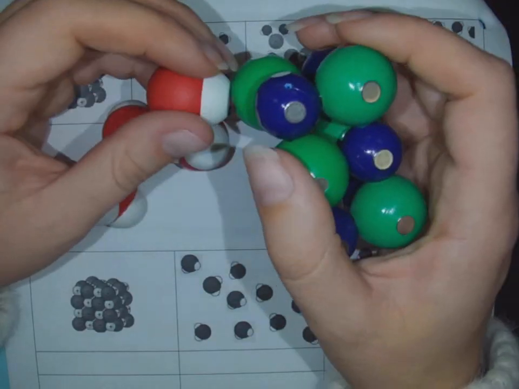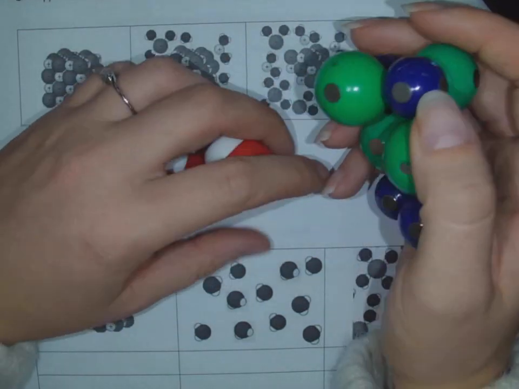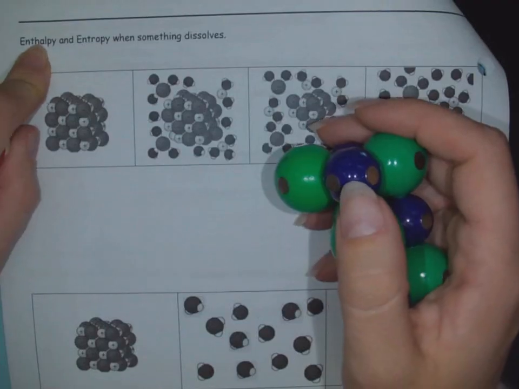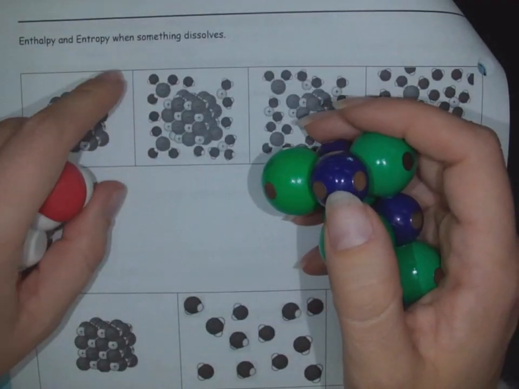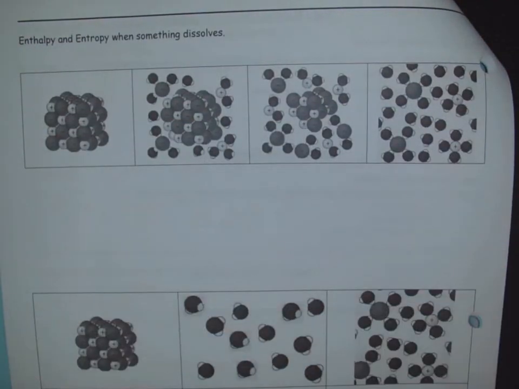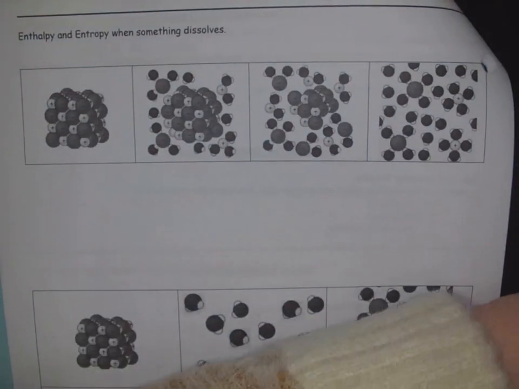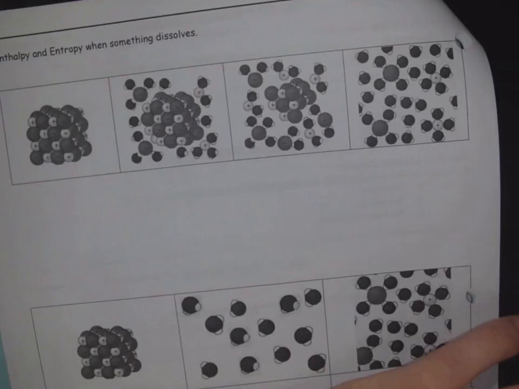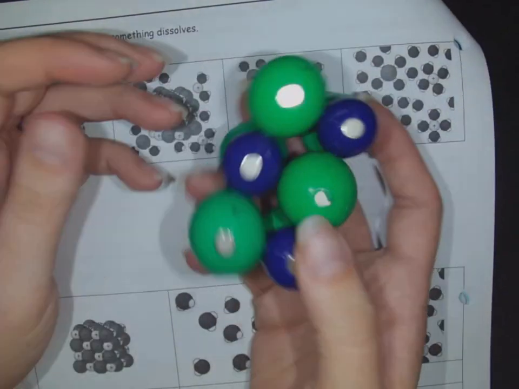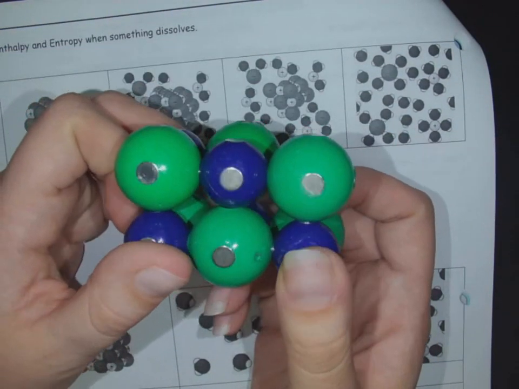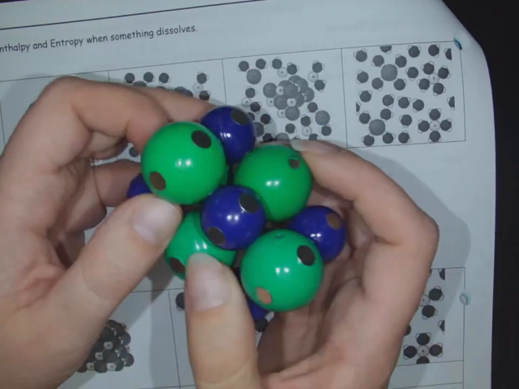Okay? Now, in addition to delta H, enthalpy, we've also been talking about entropy, the measure of chaos. So what if we go from an ionic solid to dissolved in water, aqueous, we have to pull them apart.